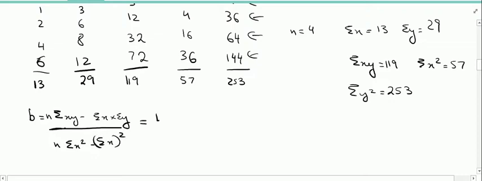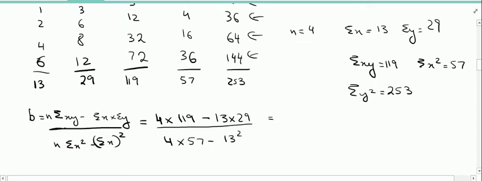So it will be 4 into 119 minus 13 into 29, over 4 into 57 minus 13 square. If we solve it, 4 into 119 is 476 minus 13 into 29, which is 377, giving 99, divided by 4 into 57 minus 13 square, which is 59, which comes out to be 99 over 59, and 99 over 59 is 1.67.